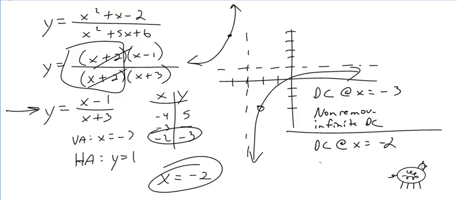The reason is because it's a removable discontinuity, and you can also tell me it's a hole discontinuity. So in this case there are two locations where you had discontinuity. One happened to be a hole, and one happened to be an asymptote.